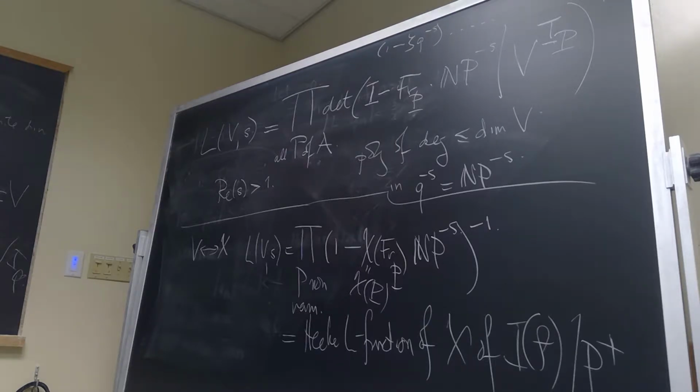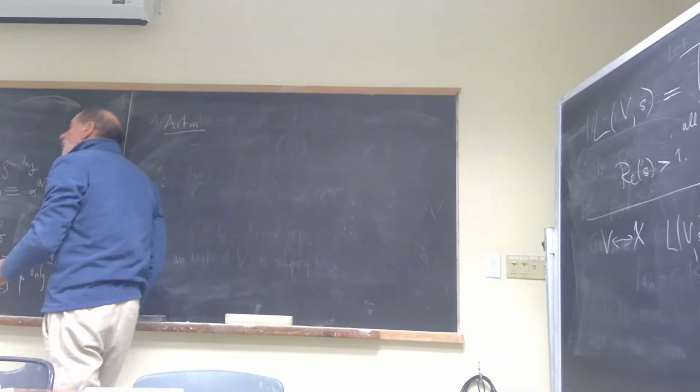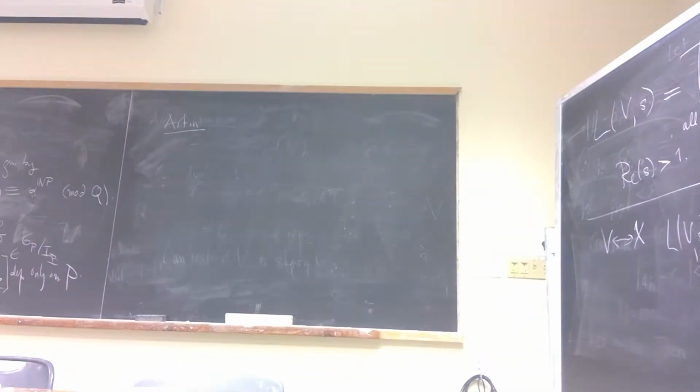Okay, so that's what Artin conjectured. That's still one of the big open questions in number theory. So it doesn't always have a holomorphic continuation, because here, for example, the zeta function has a pole at s equal 1.